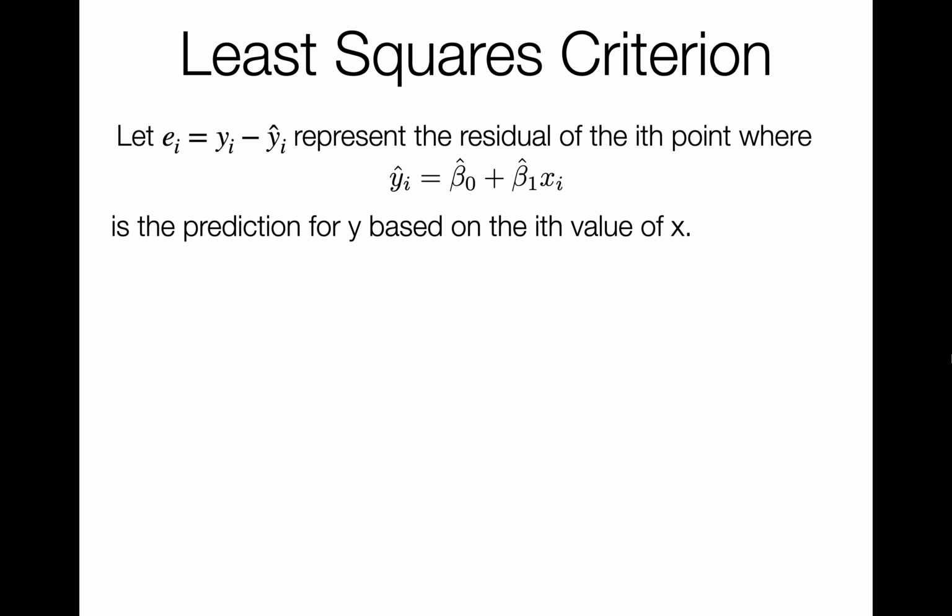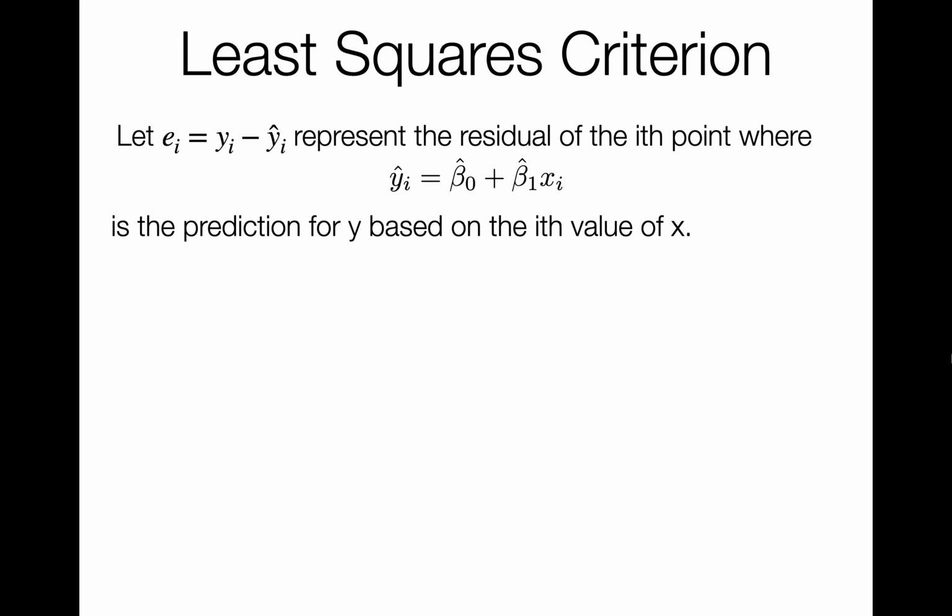So here's a formal-ish statement. I define the error as the residual of the ith point, and then I define the prediction there. Okay, so I have a line, y equals beta naught plus beta 1 x, where beta naught is the y-intercept and beta 1 is the slope.